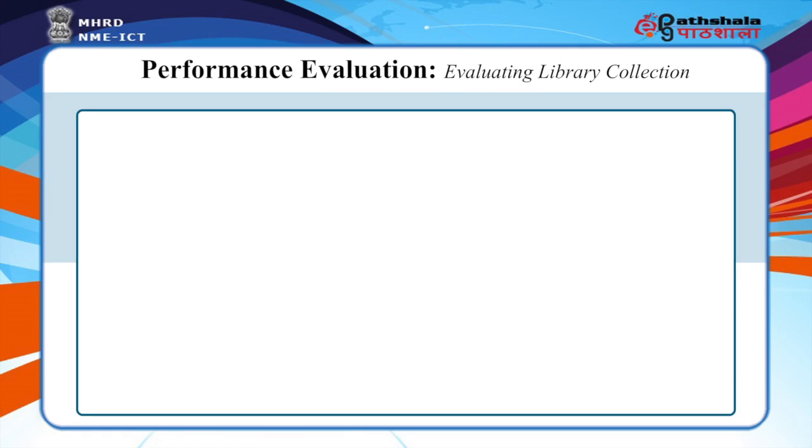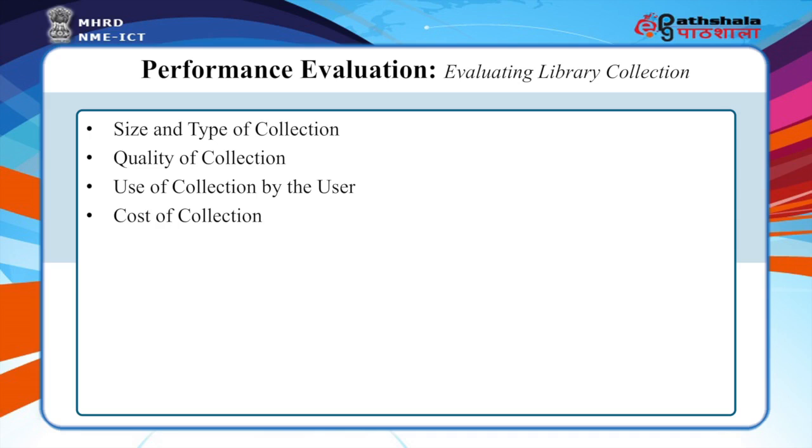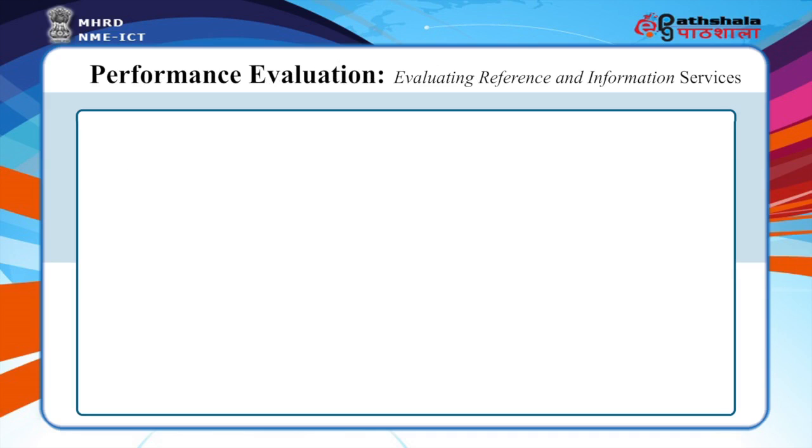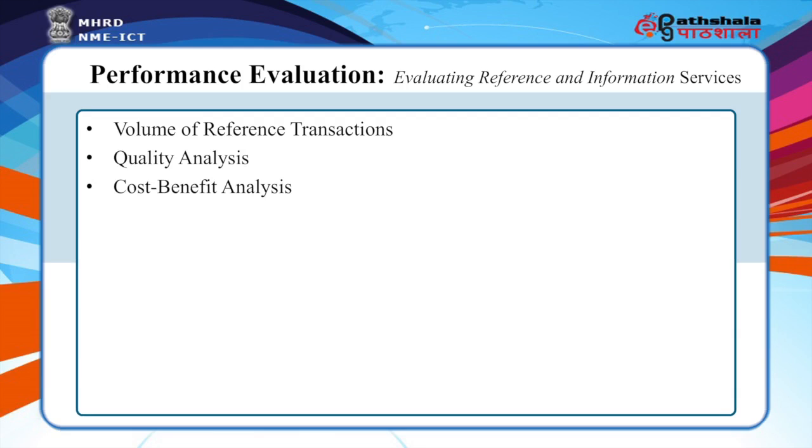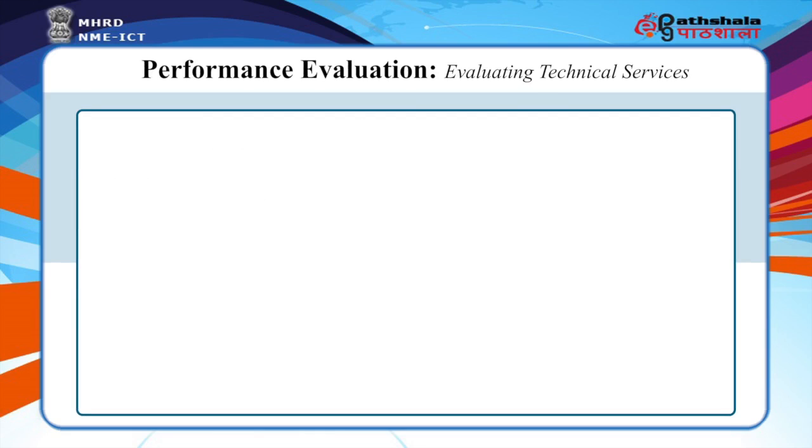Evaluating library collection. Library collection is evaluated on the basis of its size, quality, cost, use and value to the library users and potential users. Reference and information services are evaluated on the basis of volumes, cost, quality and benefit to the library users.